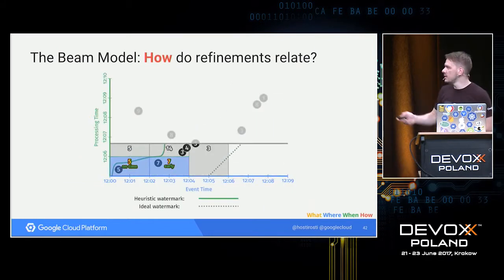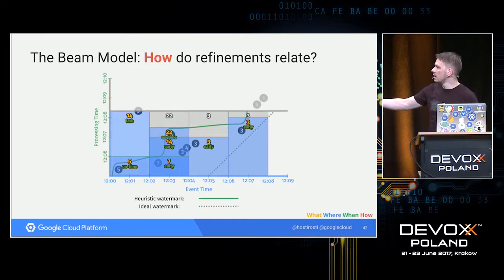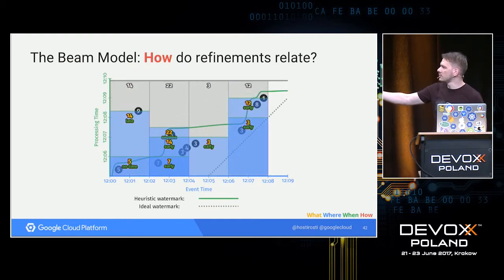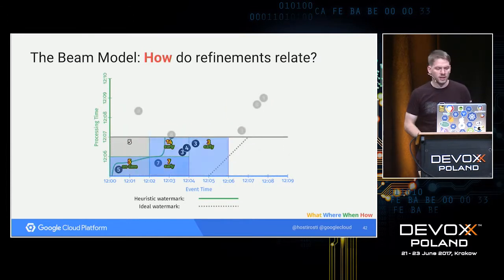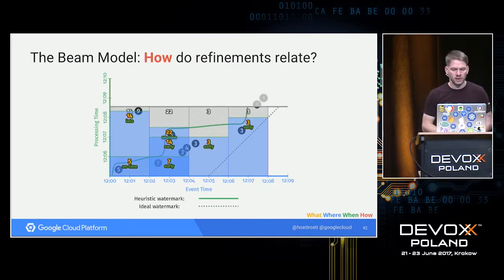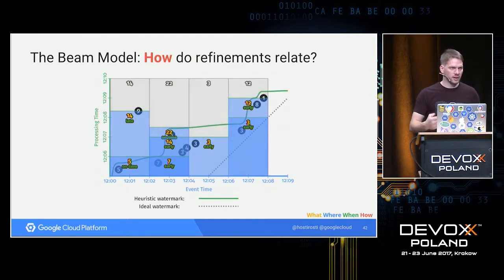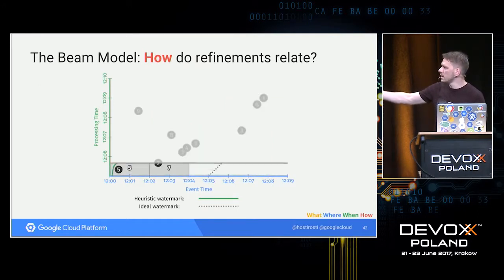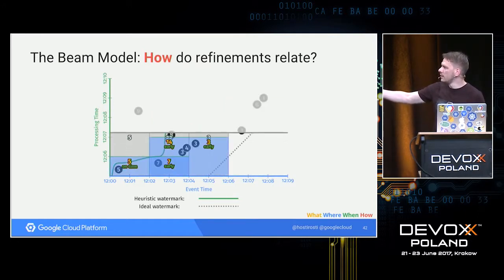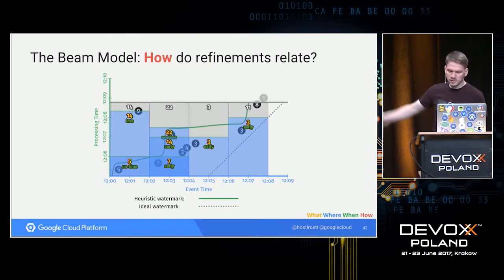So now what we can see is we have here an on-time trigger and a late trigger for the first window. We trigger the result 5 downstream for the first window, and then the late element comes in and we trigger the result 14. So we calculate the entire aggregate again. And as we can see, the second window is open much longer.